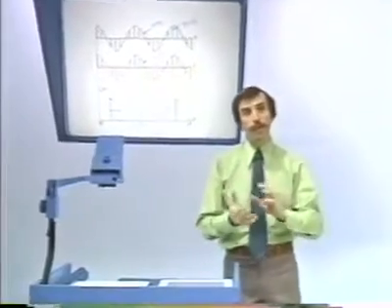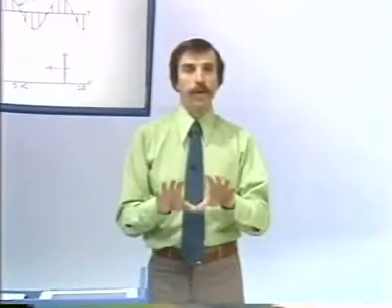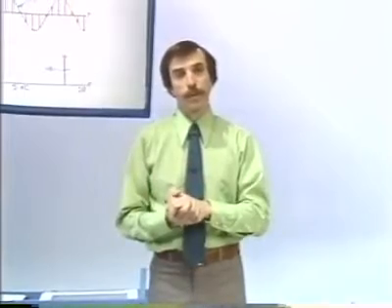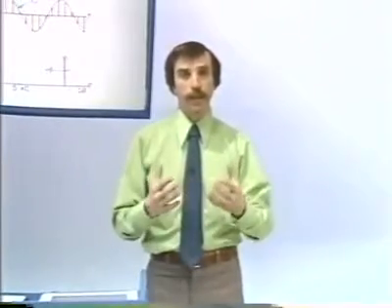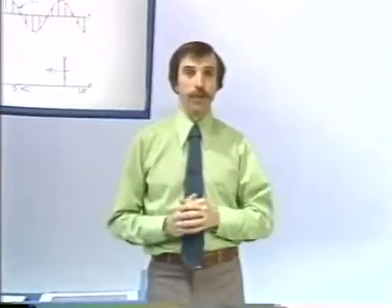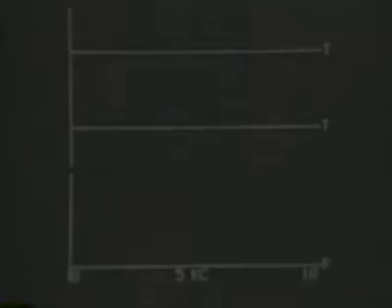And what we'll see in the first part of this movie is the input x of t and the reconstructed signal x sub r of t without explicitly showing the samples. And then at a later point, we'll also show this and indicate that, in fact, the samples of those two are equal, even though they themselves are not.